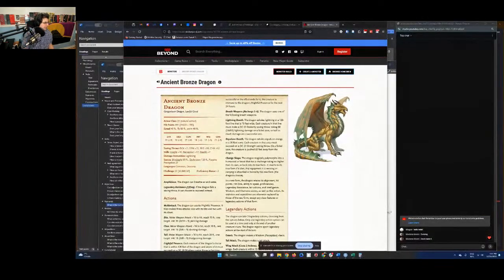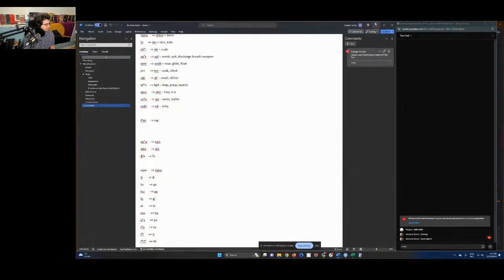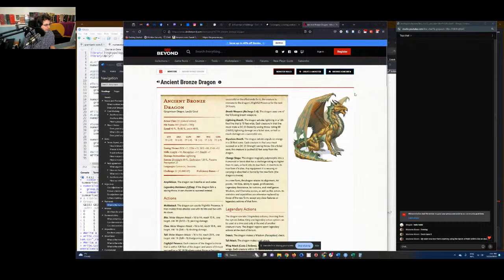So we have... the hands of their victims. Oh my goodness. Some dragons are good aligned, so that doesn't necessarily fit the theme, does it?